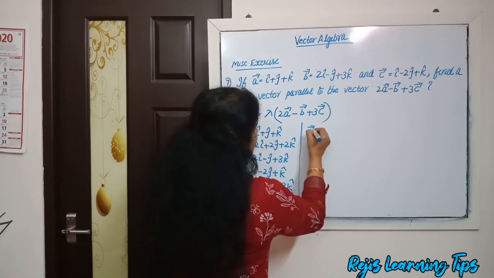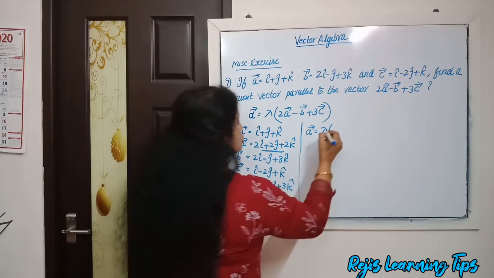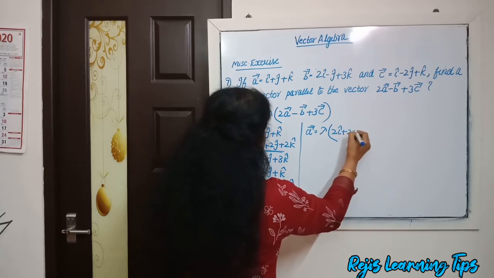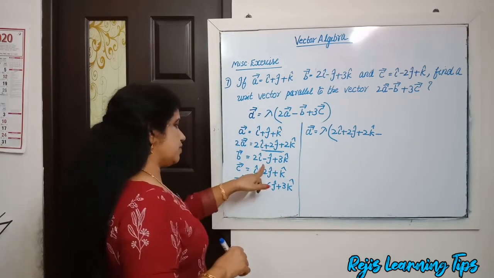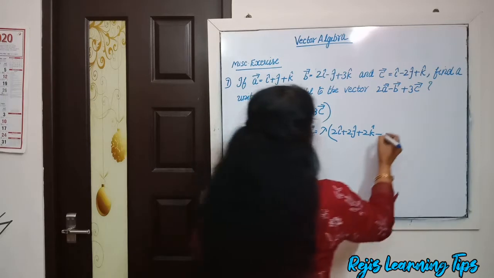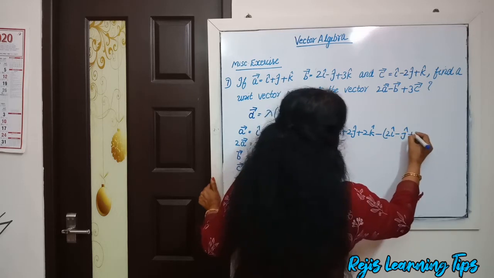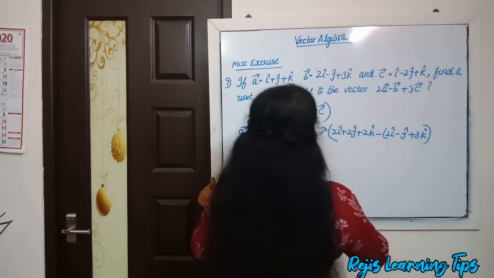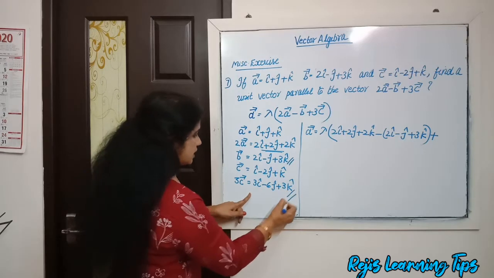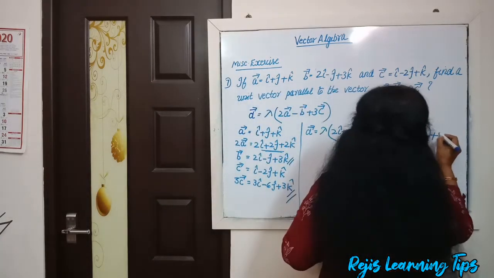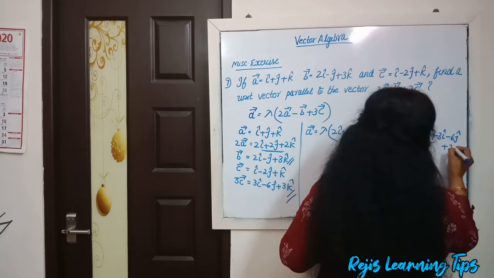Then we should find D vector is equal to lambda times of 2A vector, that is 2i cap plus 2j cap plus 2k cap, then minus B vector, that is 2i cap minus j cap plus 3k cap, then plus 3C vector, that is 3i cap minus 6j cap plus 3k cap.